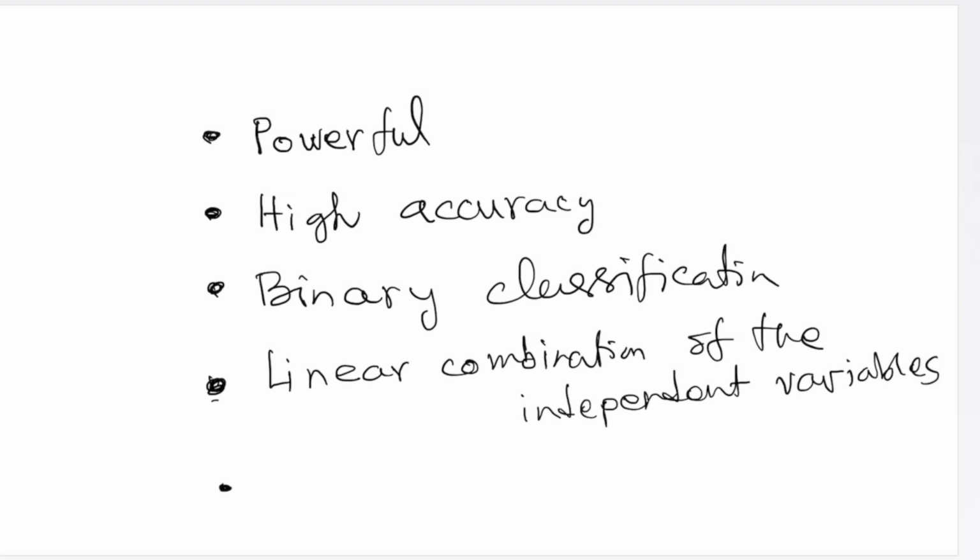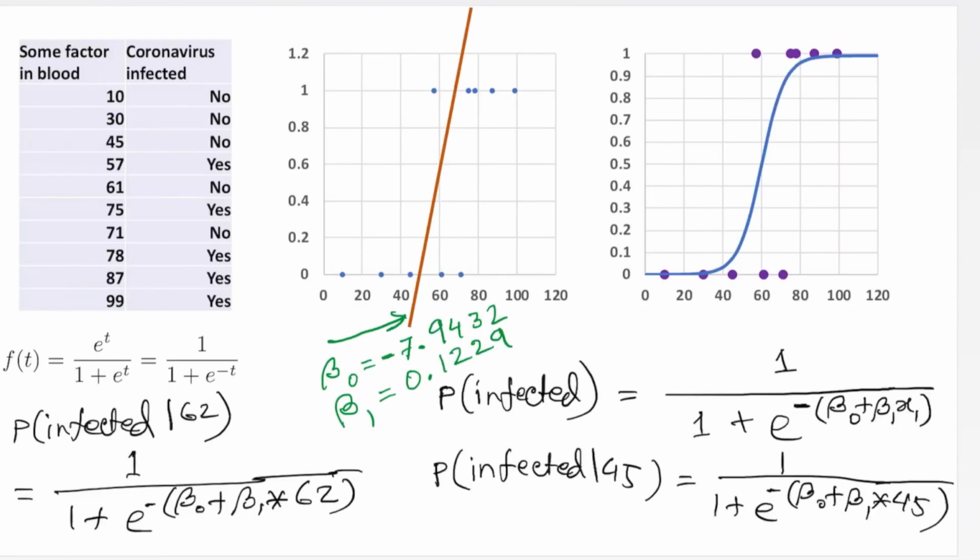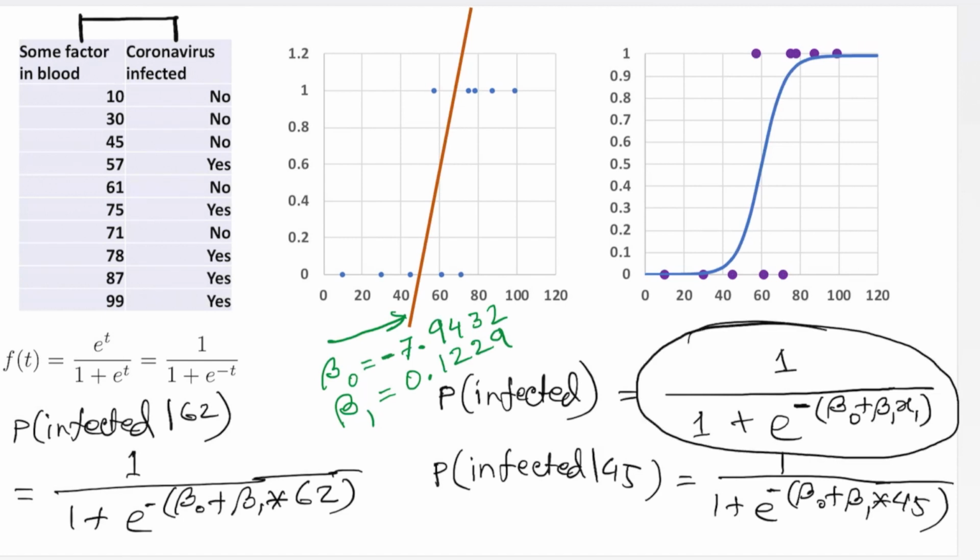It uses a standard logit function to convert the linear combinations to probabilities. The example we discussed in this video for logistic regression is basically a two-dimensional data set. That's why you had beta 0 and beta 1 in the logistic regression function.